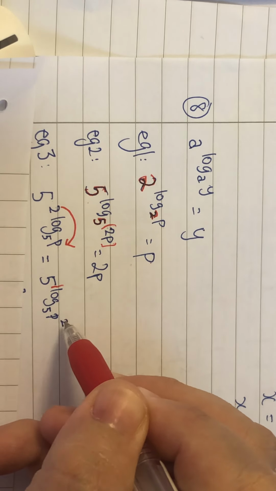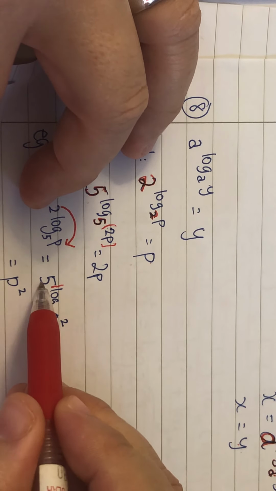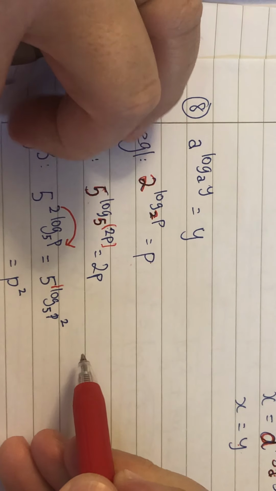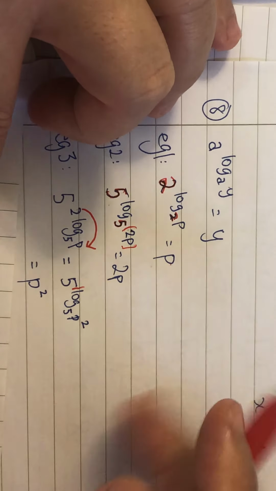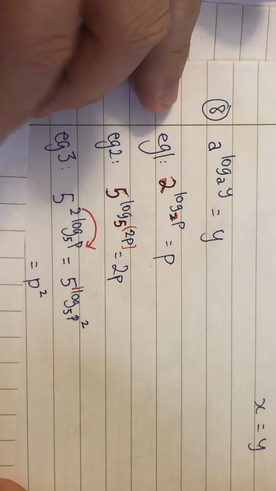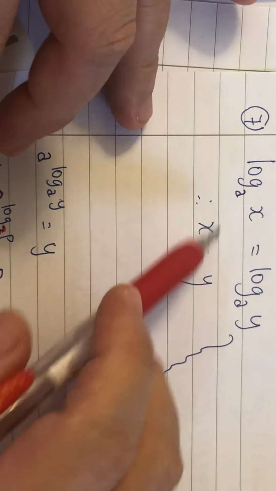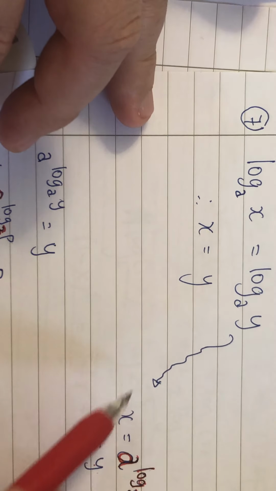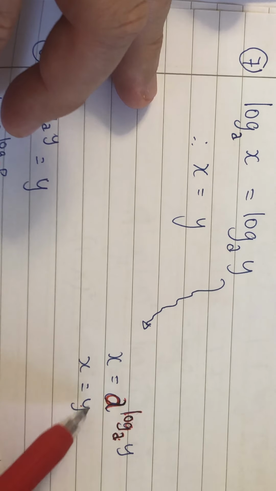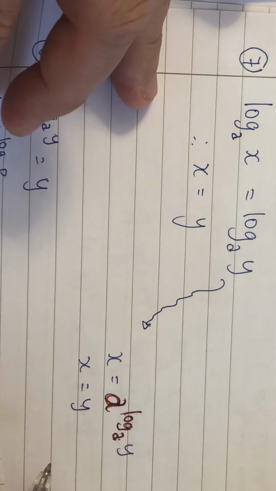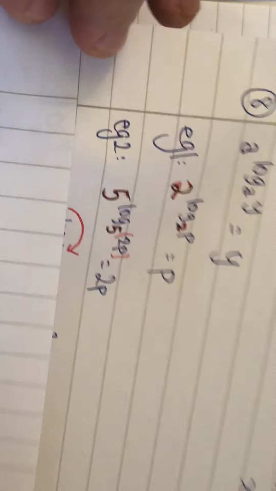Then you can remove the log and this power, and the final result is just p squared. So sometimes you may find that this is very useful to you. I have shown you how from here you can rewrite as this, and how this gives you the same result. This is something useful which you can use if you need to.